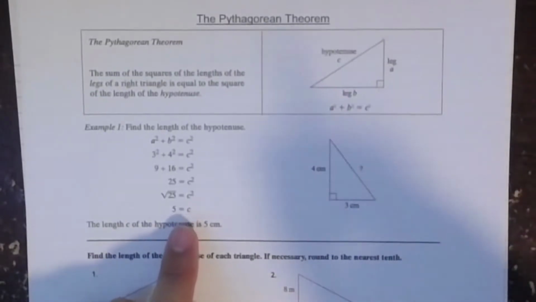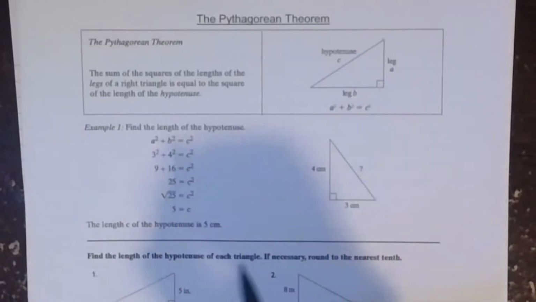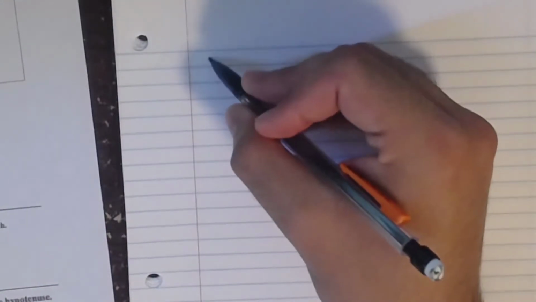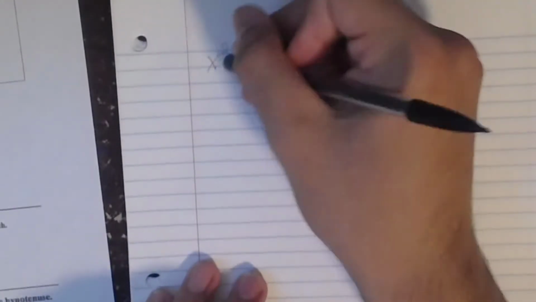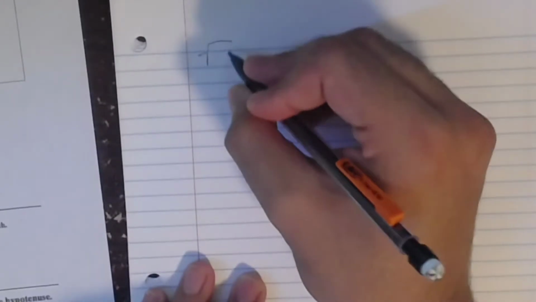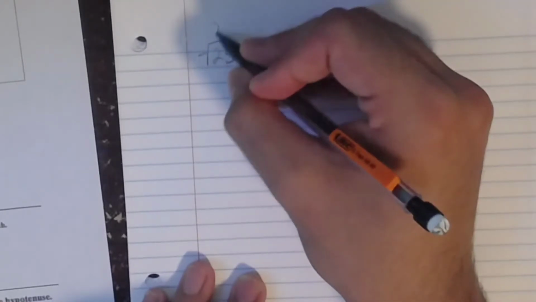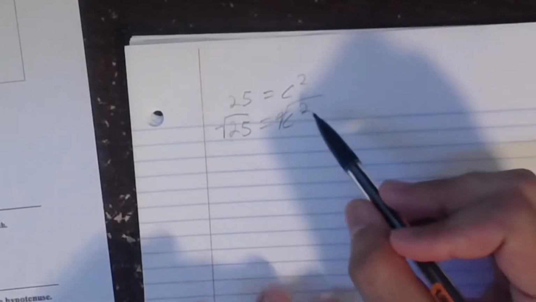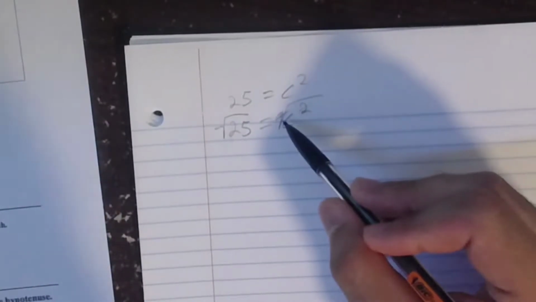A little side note: it doesn't show there, but technically there should be something more, though it may not make sense at first. I'll show you what that means. Whenever you square root both sides, the squaring and the square root cancel.